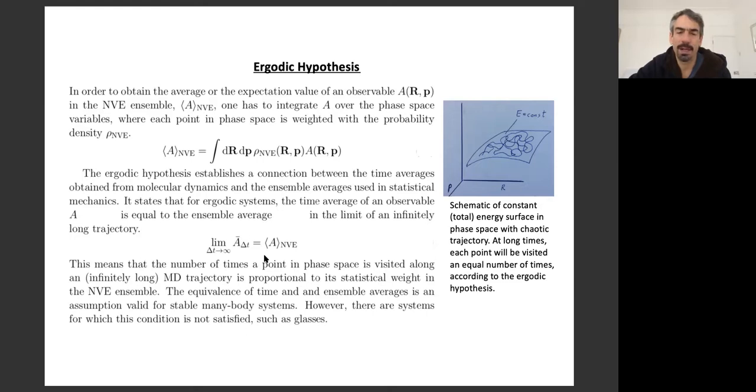What is problematic are systems like glasses, for instance, where it's difficult to sample the phase space in an MD simulation. These can be non-ergodic, and in this case this equality breaks down. But we're not considering this case here. We always assume in MD simulation that this is actually true.